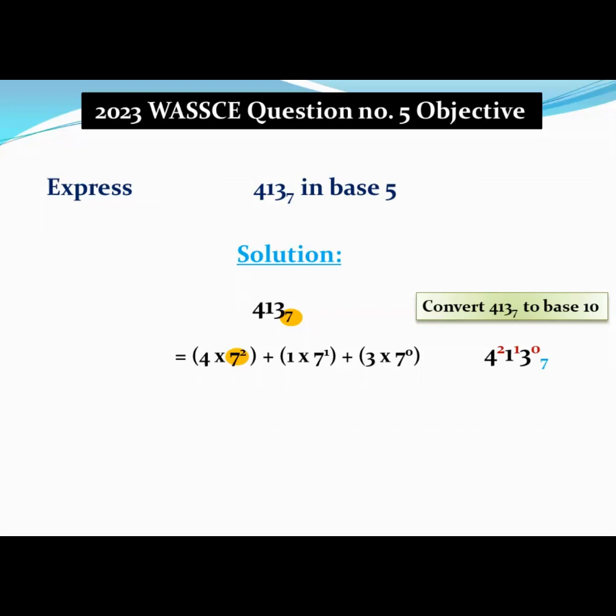Now let's pick the next digit, which is 1, multiplied by 7, which is the base. The counting position of this 1 is 1. That's why you see 7 to the power of 1 here.